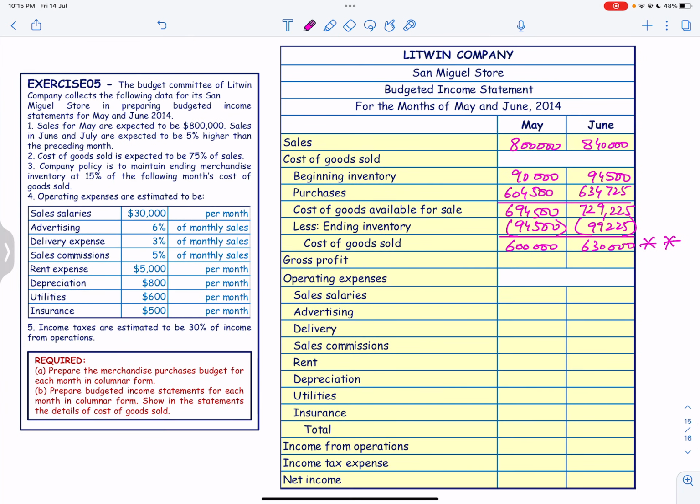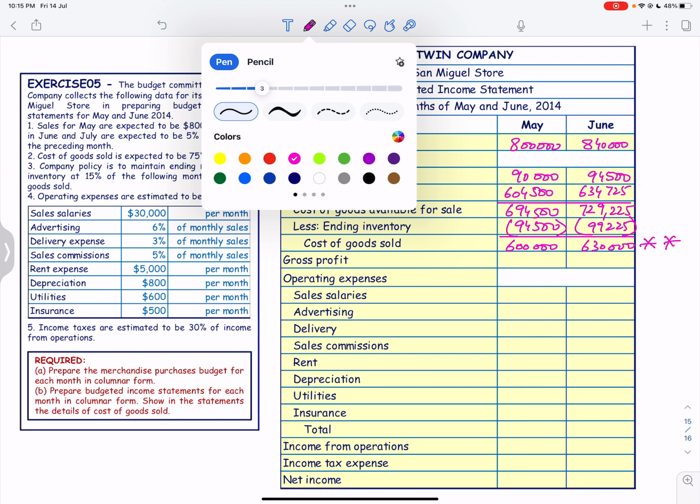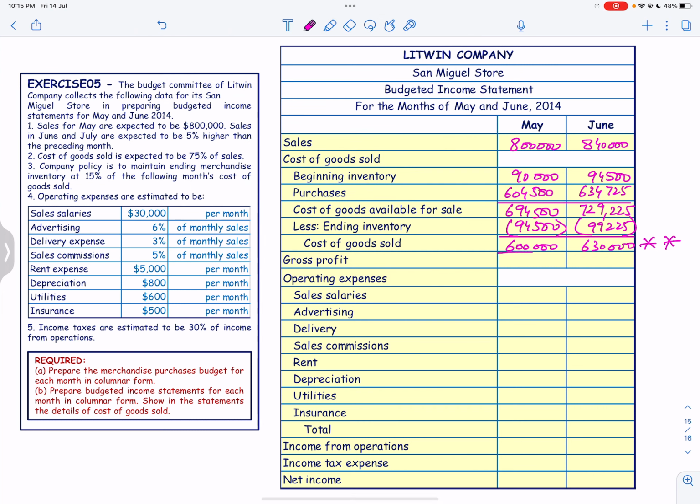Then we calculate the gross profit, which is sales minus cost of goods sold. We have 800 minus 600, that gives us 200,000, and 840 minus 630, that is 210,000.